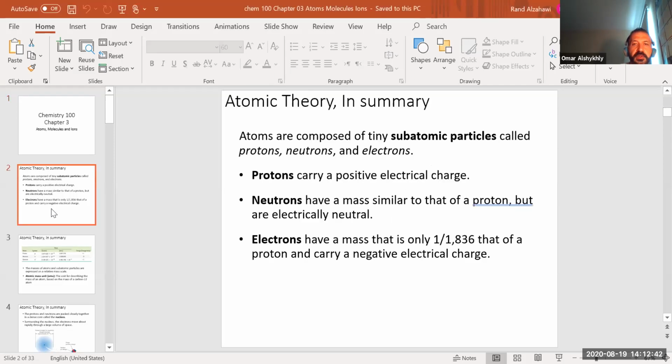Okay, let's go to this slide. You need to know that in each atom there are tiny subatomic particles called proton, neutron, and electron.